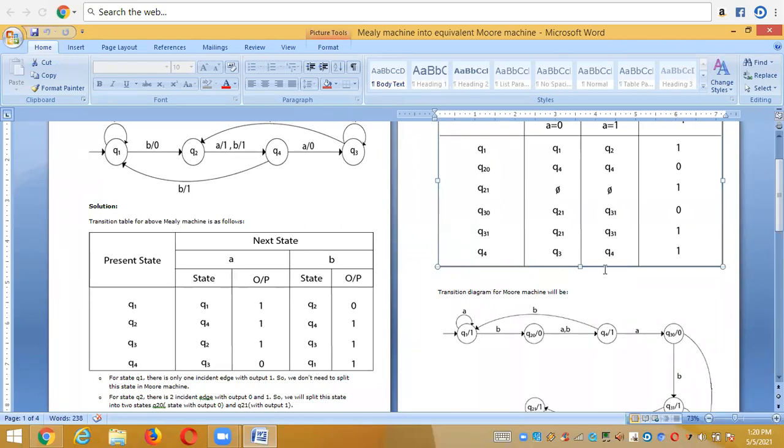And Q1 is Q1, and the output for the Q4 is similar for both input alphabets. The output for the Q4 is 1 and 1, so we can give 1 here, right? Is it clear now? Any doubts to anyone?